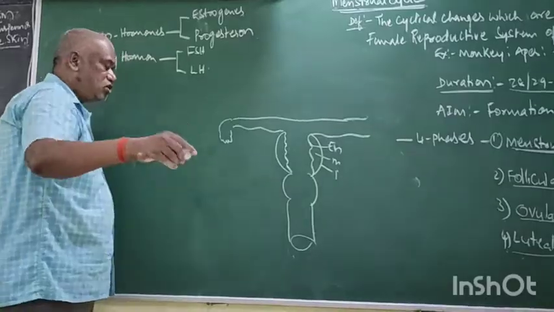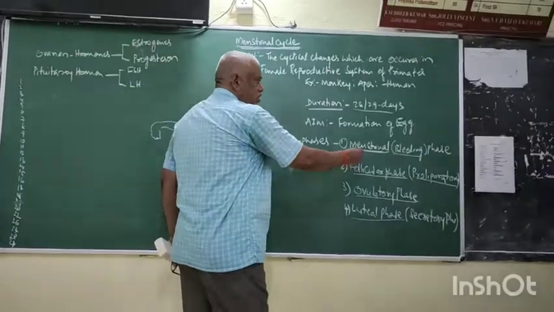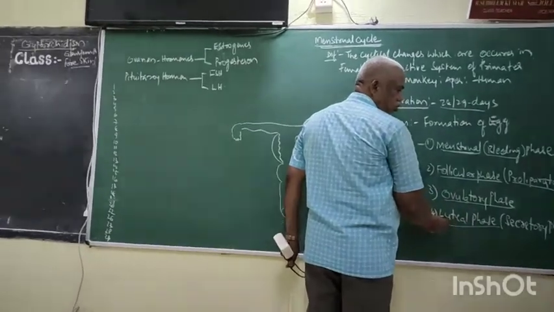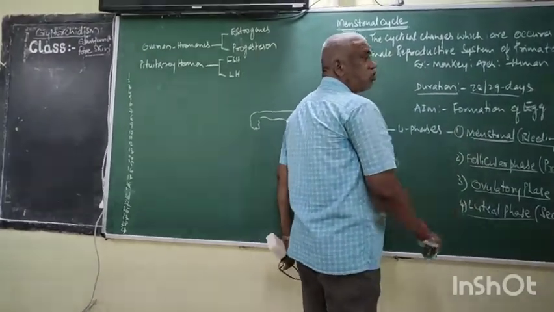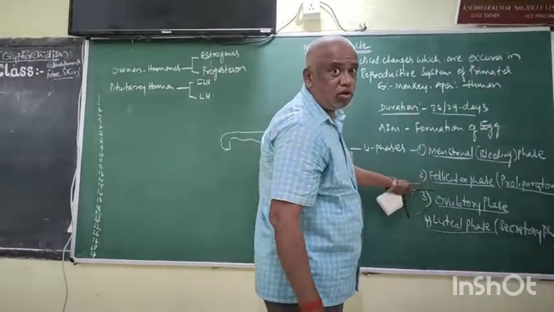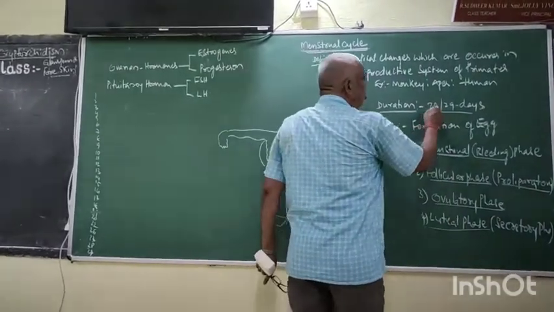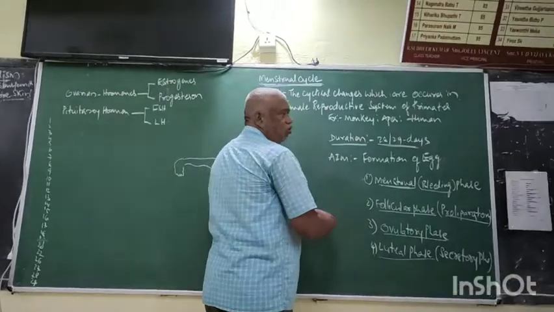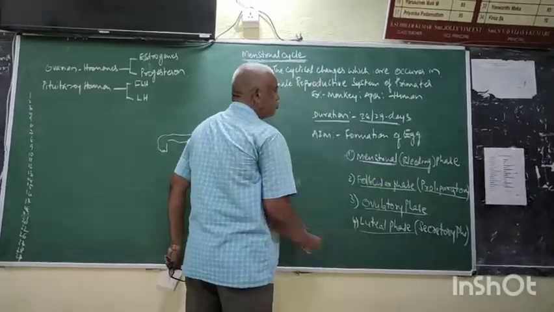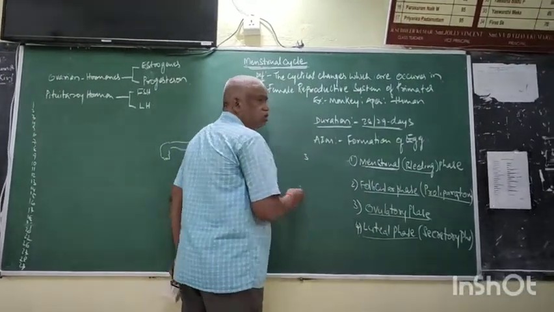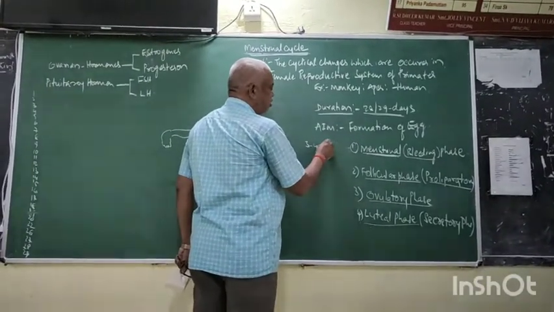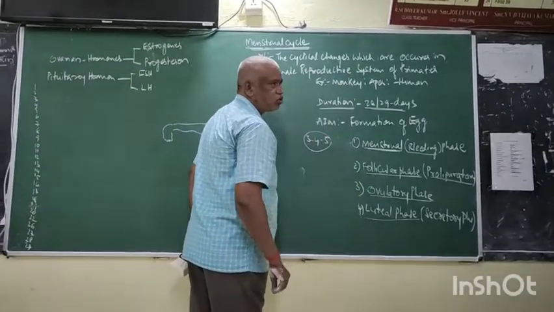For the menstrual phase, follicular phase, ovulatory phase and luteal phase, what is the total duration? That is 28 days. Among these 28 days, the menstrual phase may be 3 days in some girls, 4 days, or 5 days, that means 3 to 5 days.